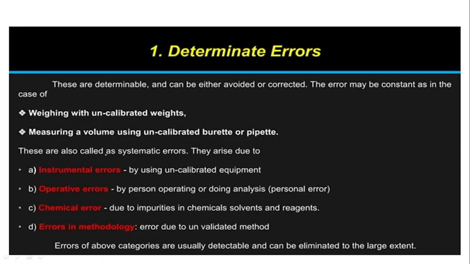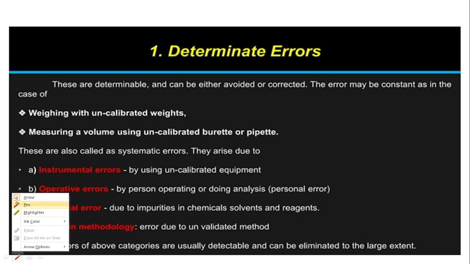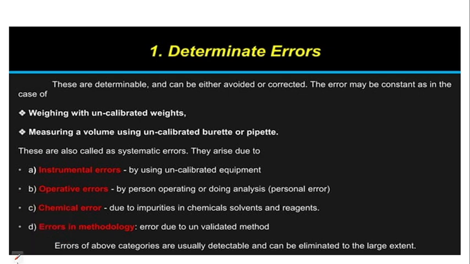Now, this is a determinate error. These errors are determinable and can be either avoided or corrected. The very first important thing is that they are determinable, and we can either avoid or correct them. When we know what contaminant or what other ingredient is present in that particular product, then only we can avoid or even correct it.